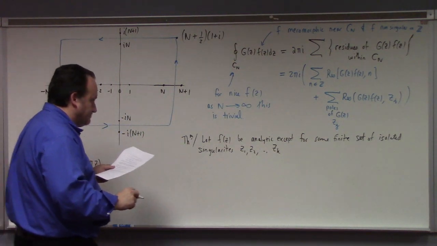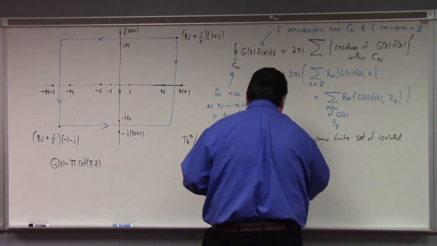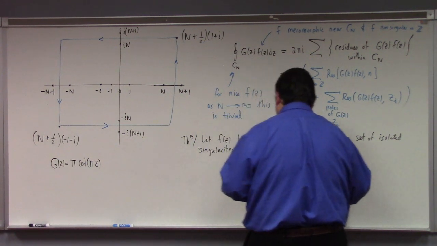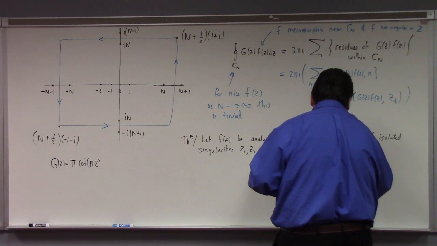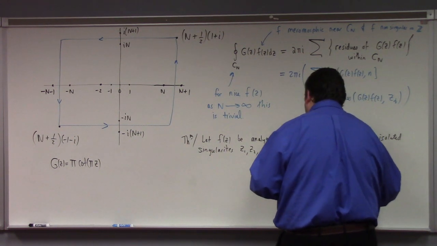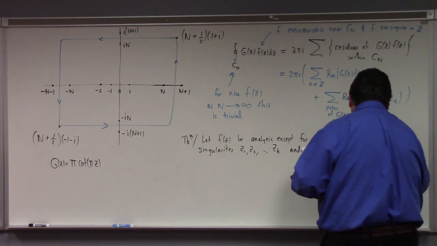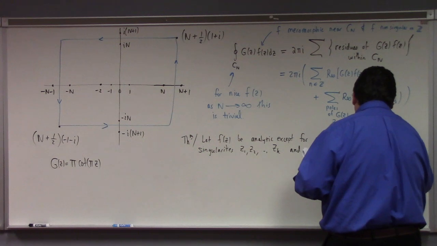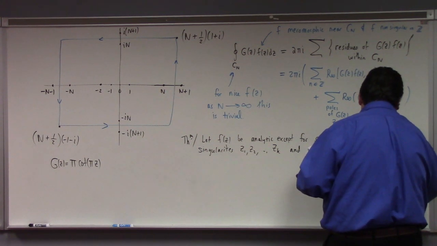And also, suppose that the modulus of f of z is less than M over |z| to the, I shouldn't use k, I better use some other letter, let's say L, where L is greater than 1.